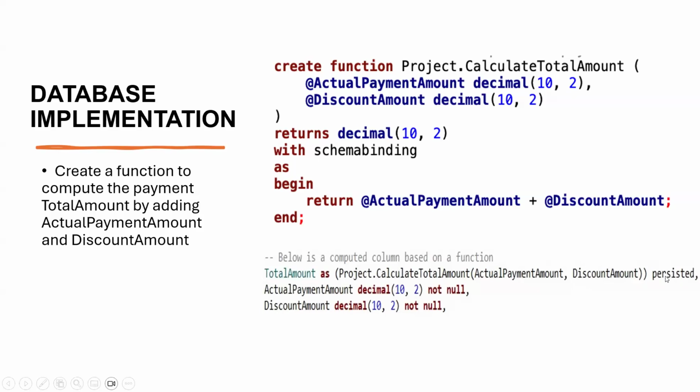That means the value will be physically stored in the database, into the storage, after the actual payment amount and discount amount are inserted. If we don't add this, then this value will be computed on the fly. It will be calculated every time we retrieve the data from this table.